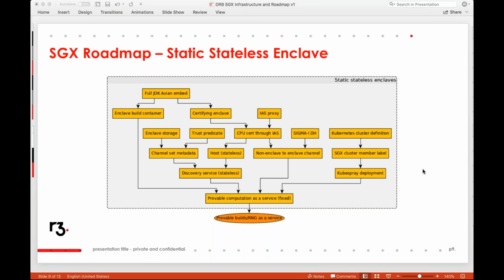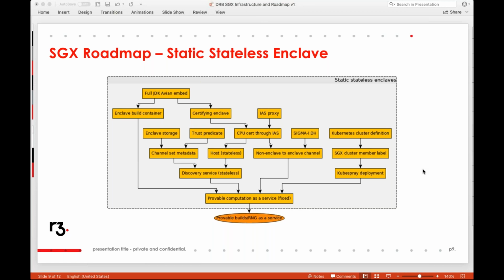There was a question on will each Corda app have its own enclave. This actually rolls into a question I had, which is what I'm thinking about: ways in which we can break down this first step even further. There are things like provable computation as a service.